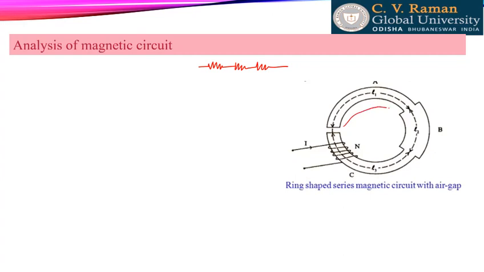See, this is one magnetic material whose length is L1 and area of cross section is A1. Another magnetic material has length L2 and area of cross section A2. And another material L3, and another material is air, so here there is an air gap. So 4 materials are connected, just similar to our electrical circuit.